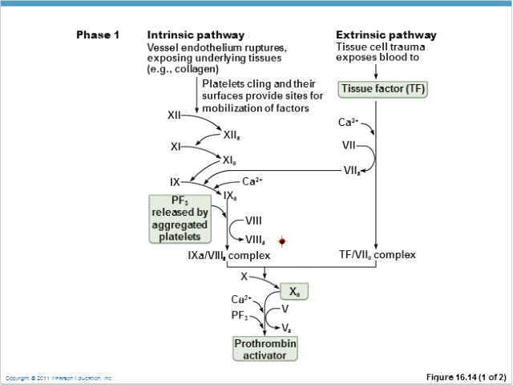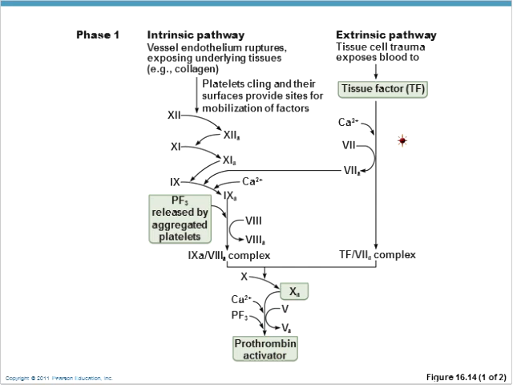Factor 8 becomes factor 8A. Factor 9A and factor 8A form a complex. Factor 10 becomes factor 10A, and with calcium and those PF3s, and with the help of factor 5 and 5A, we activate the prothrombin activator.